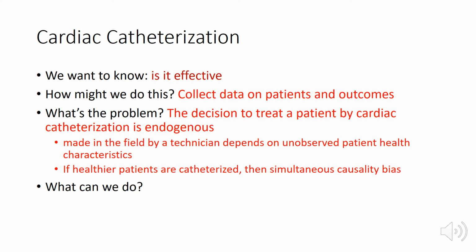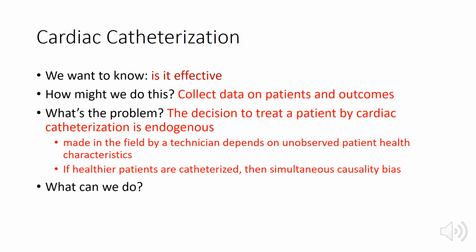And remember, with endogeneity, with endogenous variables, we can't determine proper causal outcomes. Why is the decision endogenous? Because the decision is made in the field and depends on unobserved patient health characteristics. And Elizabeth, to your point, we probably can't run an RCT yet. That might be a little unethical.